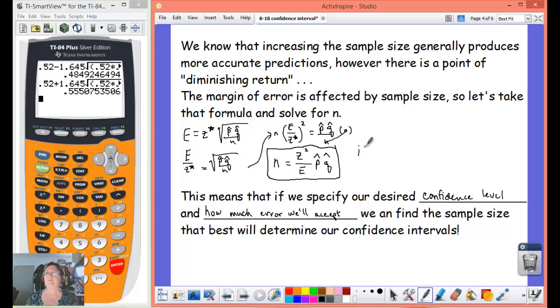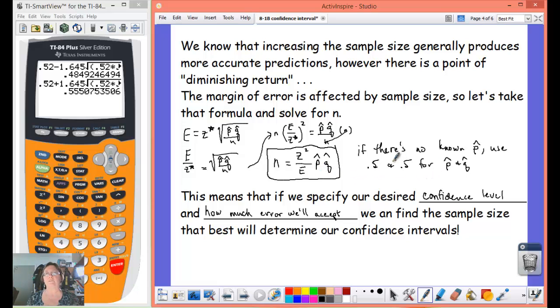Sometimes, if there's no preliminary p hat, that is, if you don't know exactly what the proportion is, so if there's no known p or p hat, use 50% instead, 0.5 for p and 0.5 for q. If you think about the algebra of that, 0.5 times 0.5 is 0.25, and any other proportion of successes, like 0.4 times 0.6, would be 0.24.